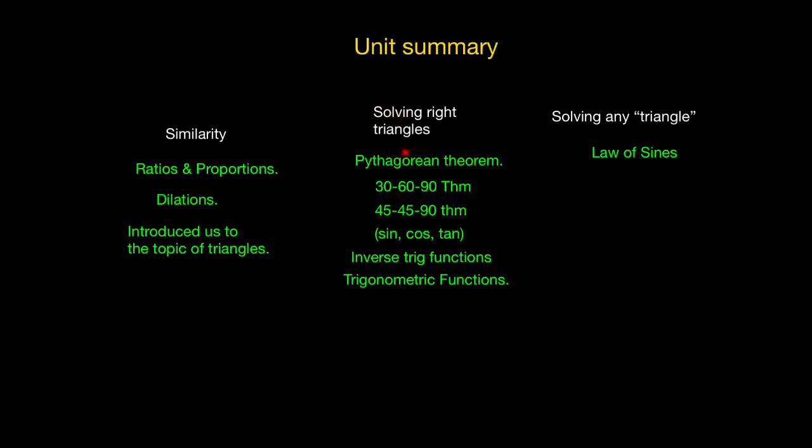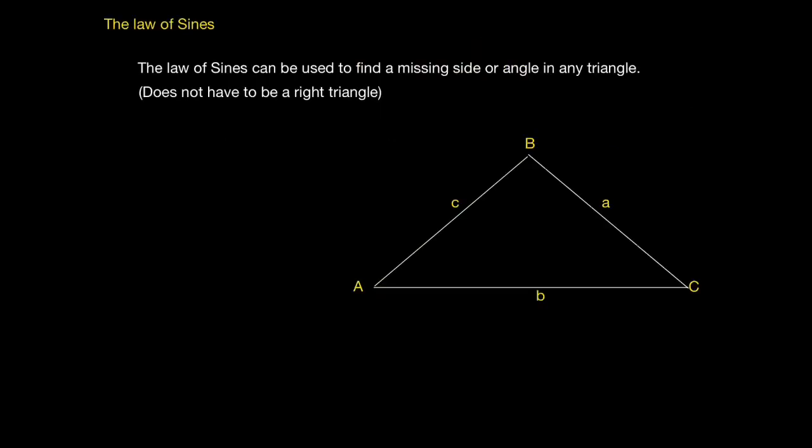And now we're going to end this unit by exploring the topic of not only right triangles but any triangle. And we're ending the topic with the law of sines. So let's get into today's question, and that's going to be to find the missing angle. And here's a review of what the law of sines says.